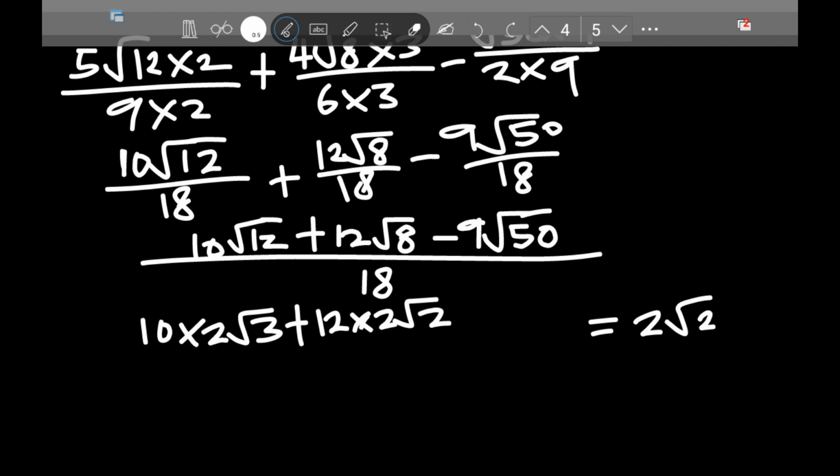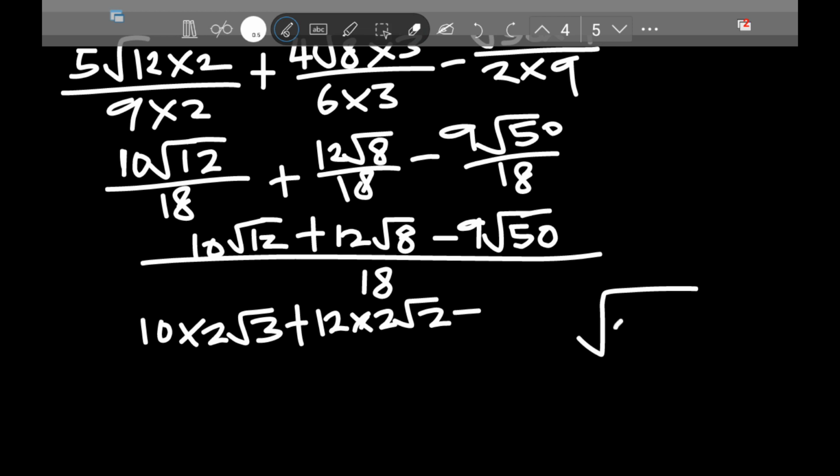Minus, now you are going to do the same thing to the last expression, which is root 50. What two numbers can you break this root 50 into? Which one will be a perfect square and the other not a perfect square?